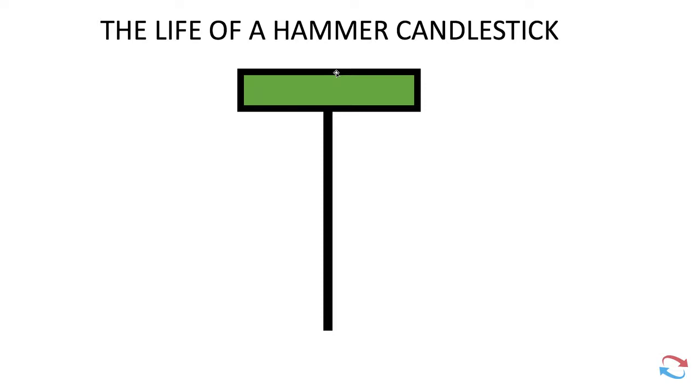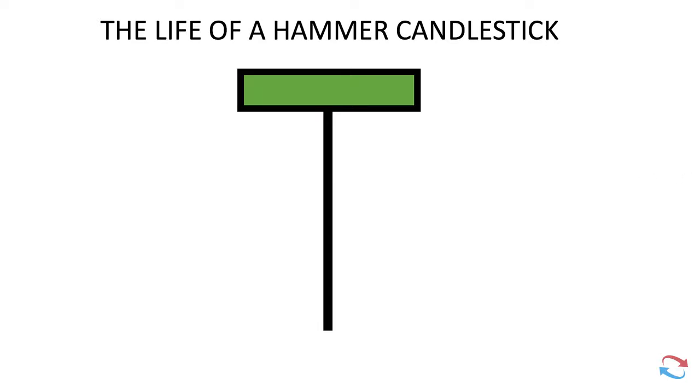This will give traders a strong indication that price is potentially about to reverse, depending on where price is on a price chart. So don't just take the fact that you see a hammer candle as just a reversal candle. You have to understand the story behind it, and we'll go into the inverted.